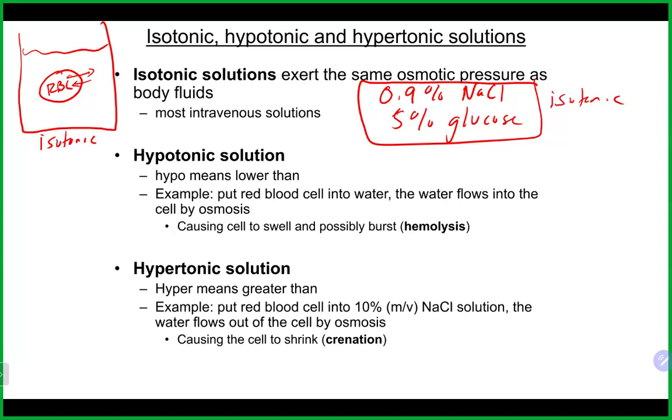Now, if you make something a hypotonic solution, hypo means lower than, the osmotic pressure inside the cell and outside the cell are no longer the same. And hypo means less than. So what happens is if you take that same red blood cell and you put it into a hypotonic solution, that means outside the cell is less concentrated than inside the cell.